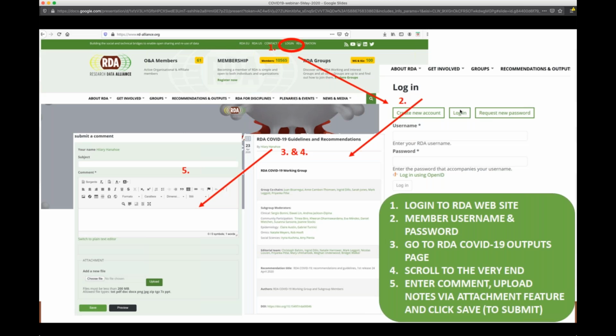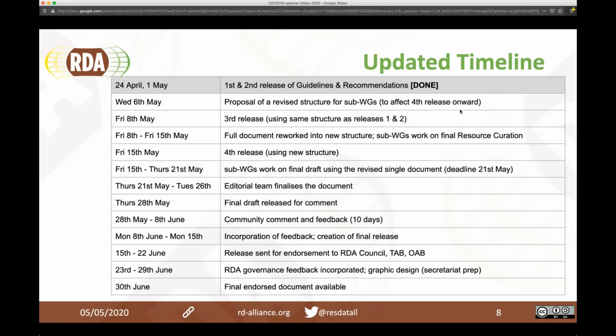And you can enter comments. And if you wish, you can also upload an attachment, which might facilitate the comments that you may have. So that request for comments piece is important for us in these early stages, as I said, to try and get a sense of how we're doing and where there may be gaps.